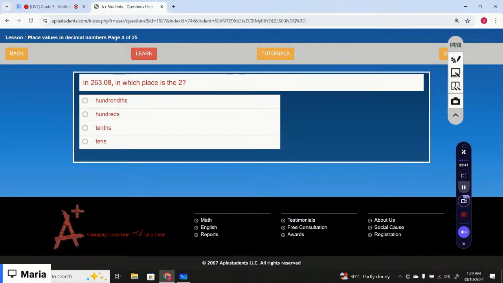In 263.08, in which place is the 2, which is the correct option?